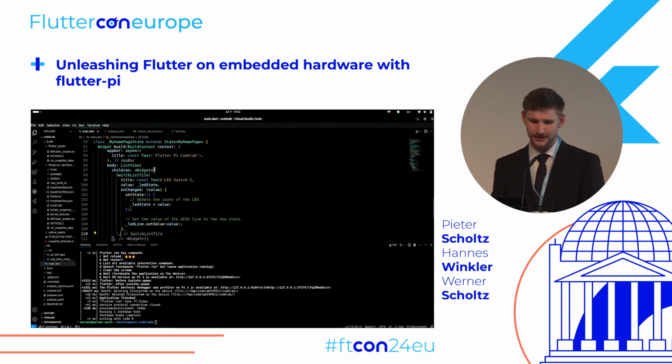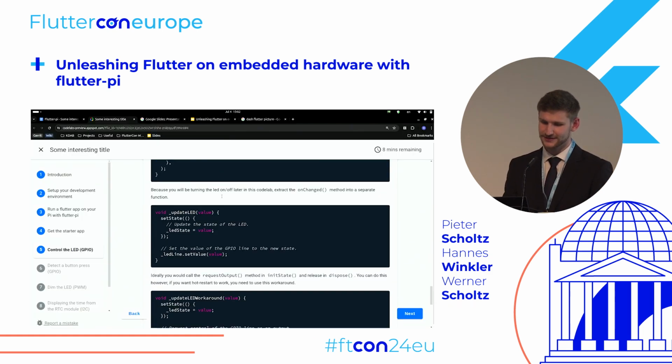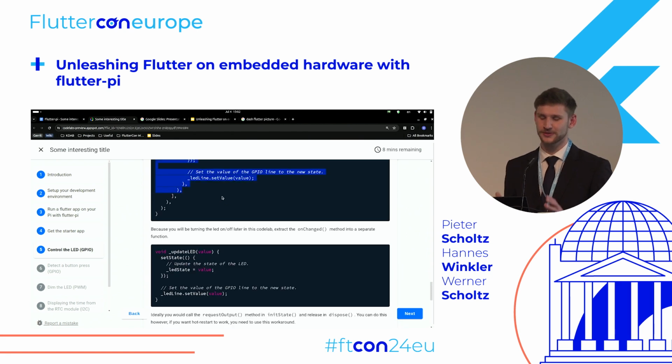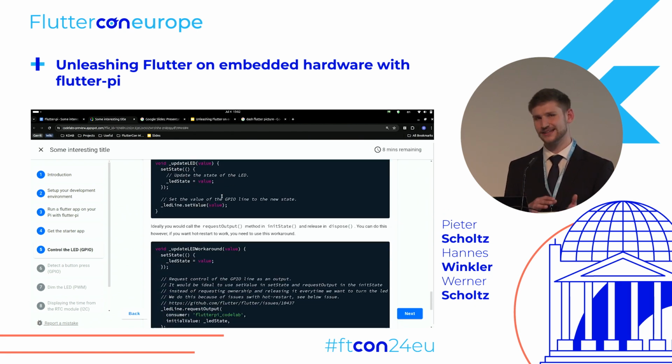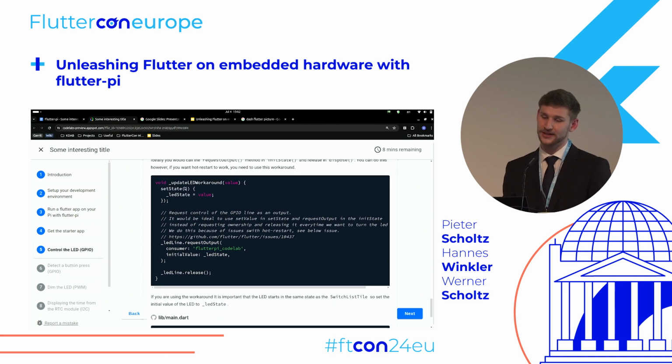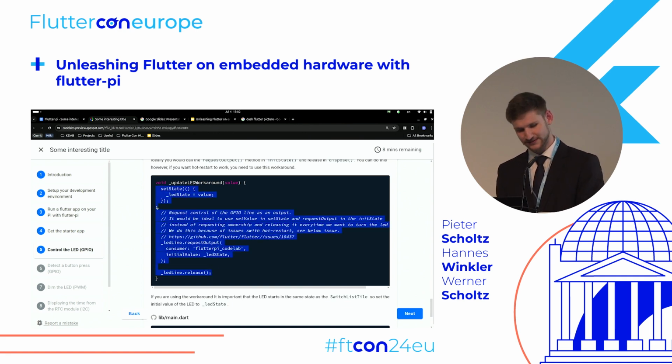One other thing that I noticed is we're going to use a workaround. So we're not going to request ownership in the init state and release it in the dispose method. We are just going to use a workaround where we request it as an output and release it immediately after. This is because of some issues with hot restarting.